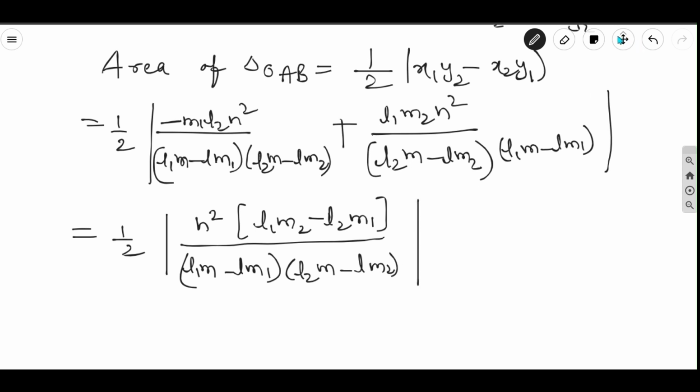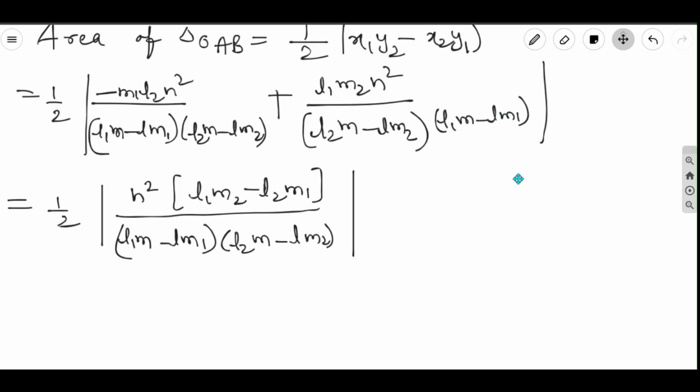The question asks for n square into under root of h square minus ab by a m square minus 2h l m plus b l square. We know that a minus b whole square equals a plus b whole square minus 4ab.